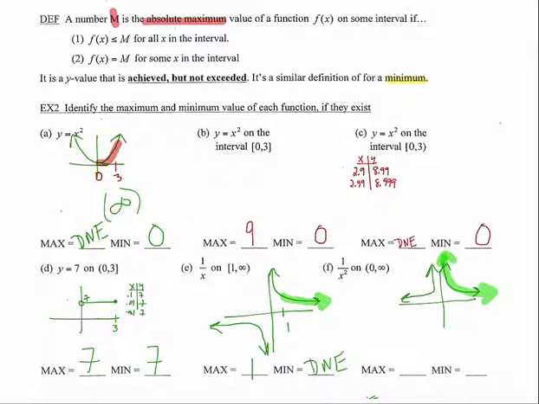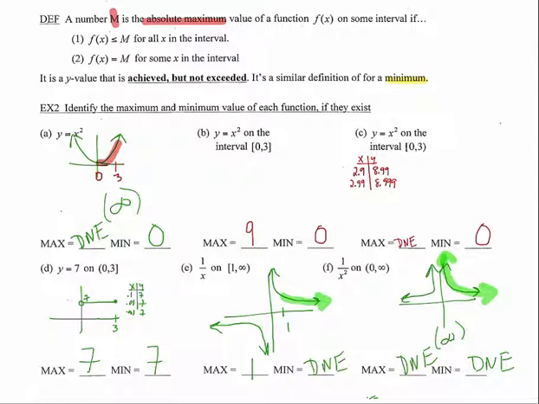We never get there. So the max is going to, again, does not exist. We know that it's going to be infinity, but to be precise, we have to say that the maximum value does not exist, and also the same thing for the minimum value. The minimum value does not exist.